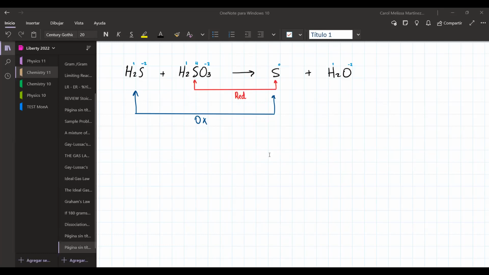First finish with this. No, it doesn't happen. It's the same. I mean, it's the 6. Okay. So you have your reduction and your oxidation, and yes, it is the same element.